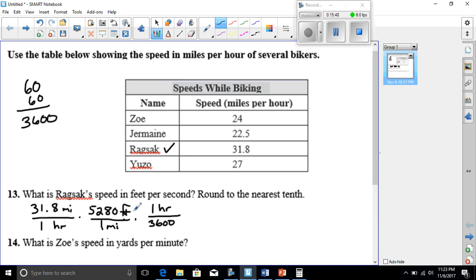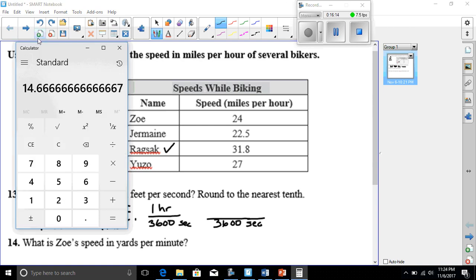And let's go ahead and work it now. Well, the bottom is going to be pretty easy. That's going to be 3,600, and remember that is seconds. Should have probably put it over here. Now we have to figure out the top. That's going to be a little bit more challenging.